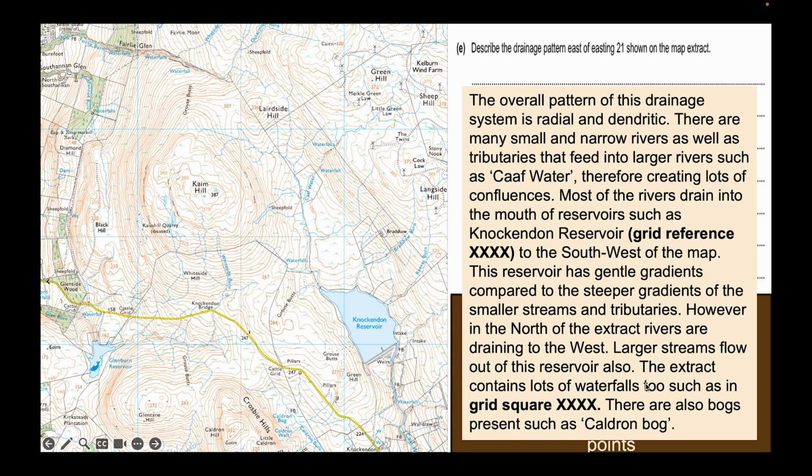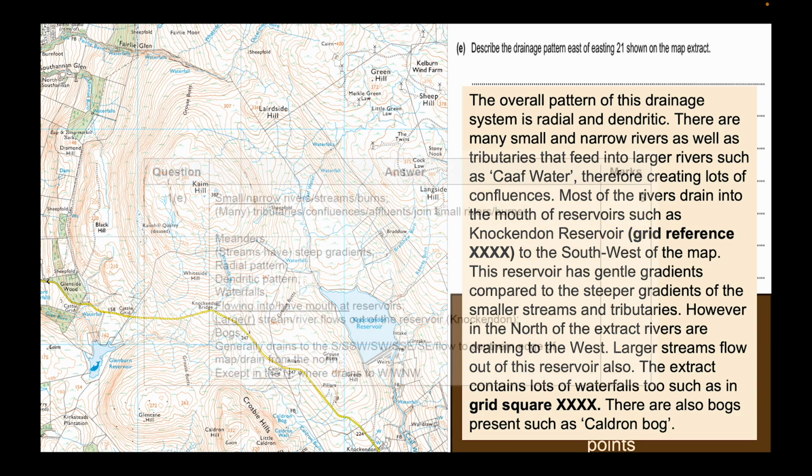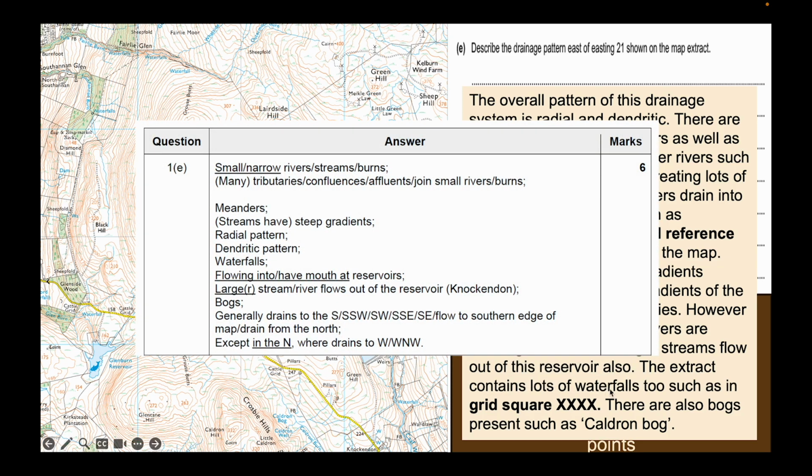The extract also contains lots of waterfalls too, such as in grid square. Again, you can provide a 4-figure grid reference for where there's lots of waterfalls. There are also bogs present, you can see here, such as Cauldron Bog. Again, here's the mark scheme, so if you want to copy this down, you can pause the video.